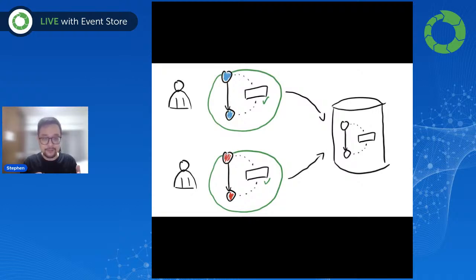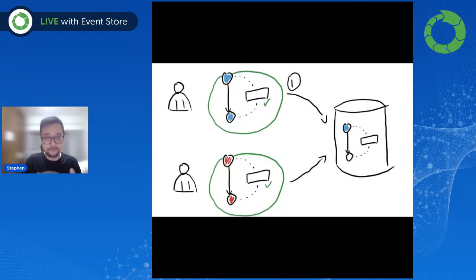So for example, here the first user is able to save the first value first, as you can see at the top there on the database. But it is immediately overwritten by the second user's first value.